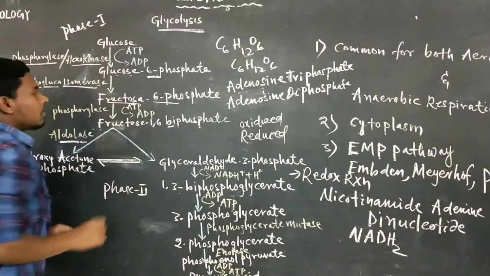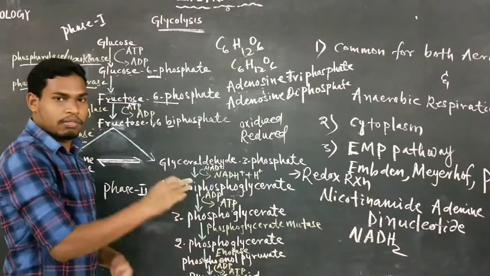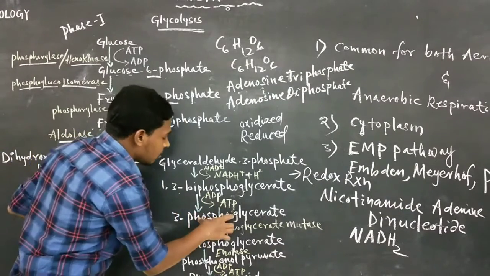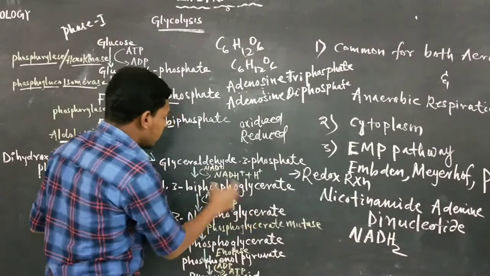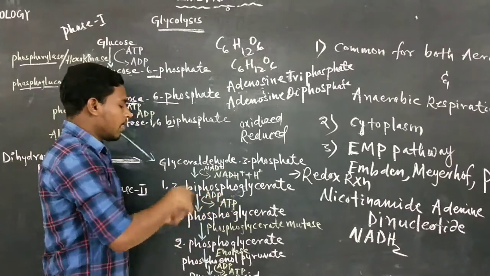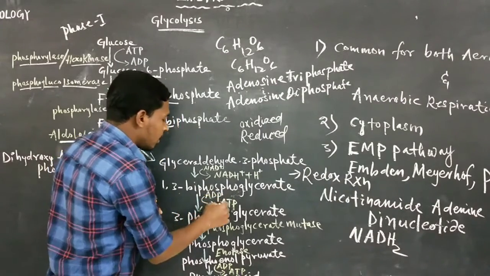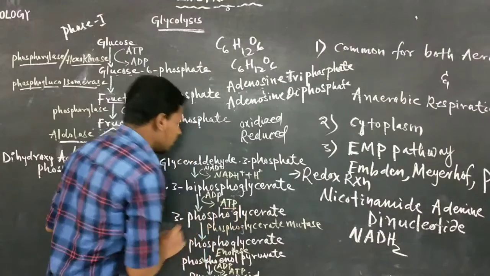In phase 1, investment of ATP, and in phase 2, synthesis of ATP. Now, in order to put a phosphate molecule in this, there should be some molecule which should add it. So ADP gets converted into ATP. Now here ATP synthesis takes place.